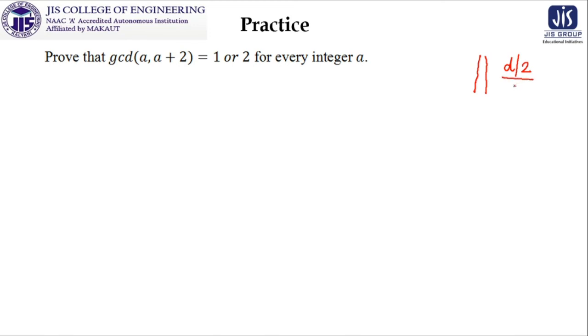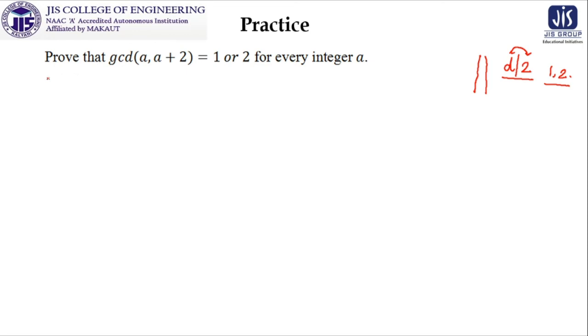If the GCD is 1, then it is relatively prime, or if the GCD is 2, then we have to think for that. We are going to take the divisors of 2, which are nothing but 1 and 2. So this observation is important and it will be clear after 2 or 3 minutes when we complete the proof of this problem.